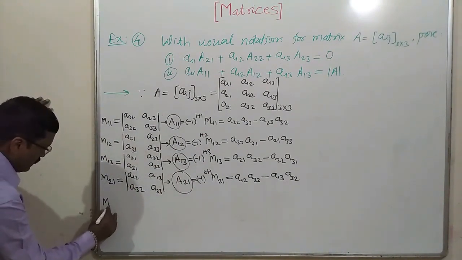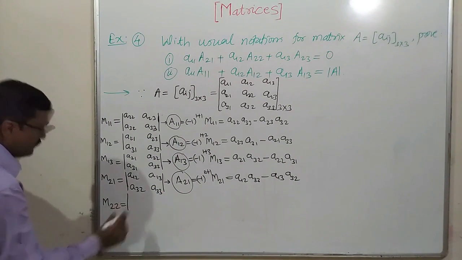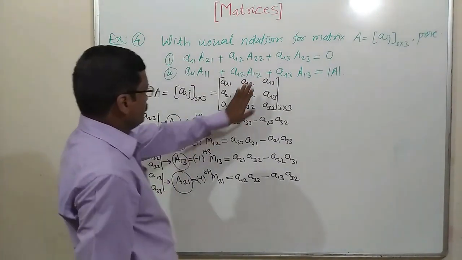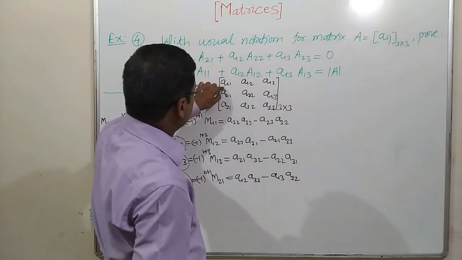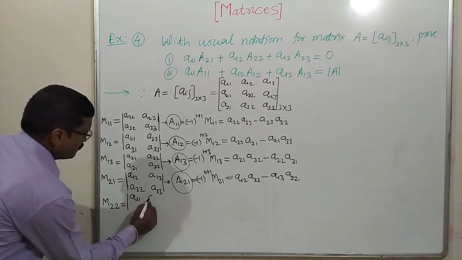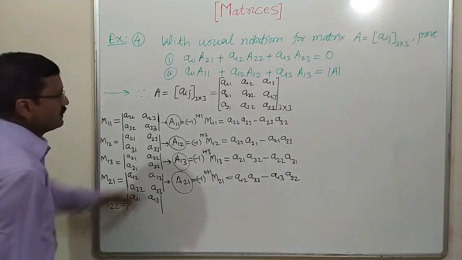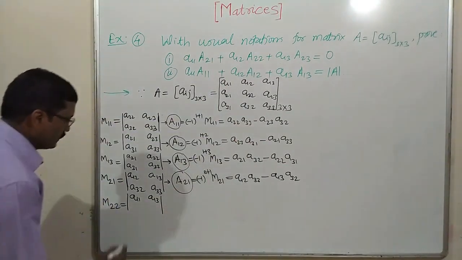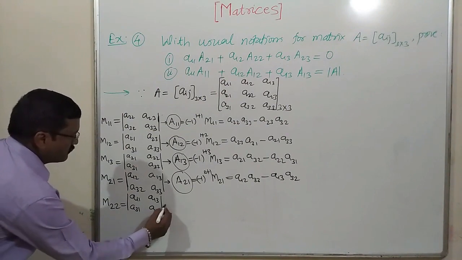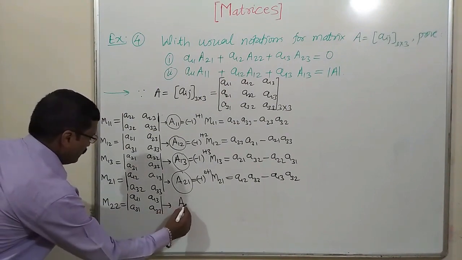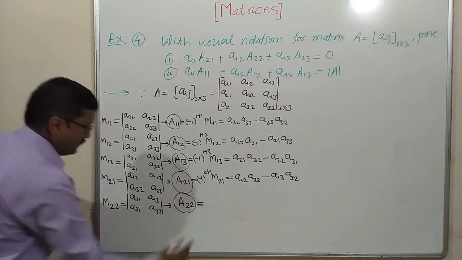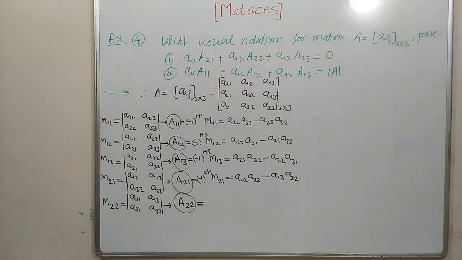Then next is M22, because we need A22. M22 is second row, second column. By deleting we get a11, a13, a31, a32... so it leaves the cofactor of the second row, second column element.